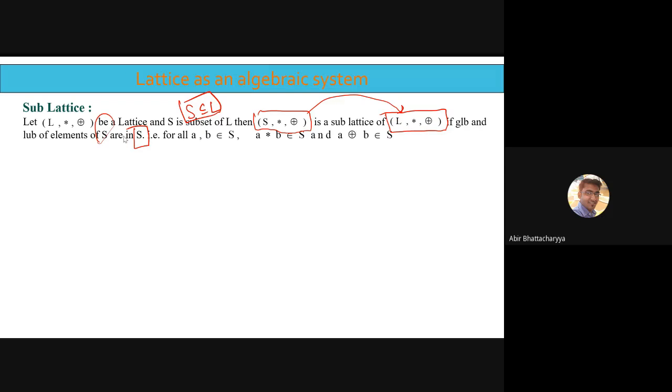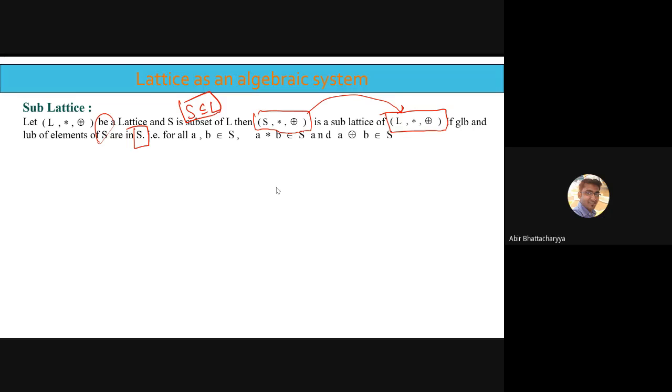Calculate GLB and LUB. All the GLBs and LUBs belong to that subset only, not outside of the subset. If I can find this, then I can say that it is a sublattice. This is the first foremost condition.